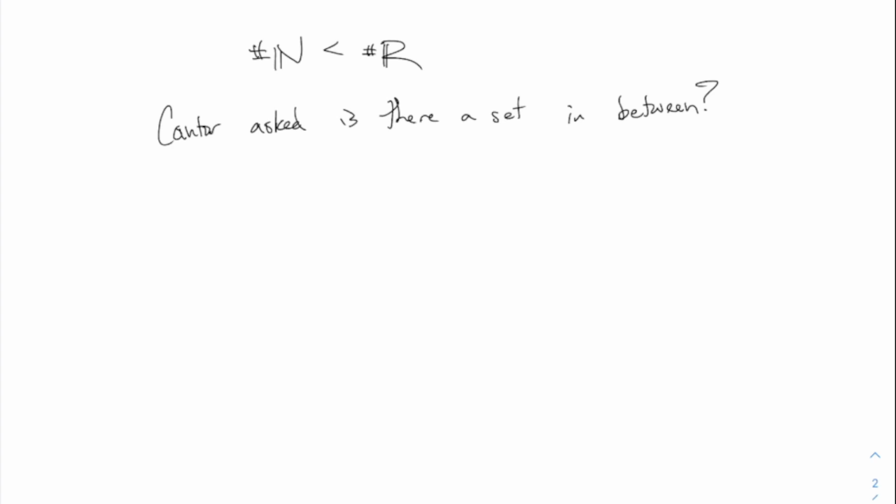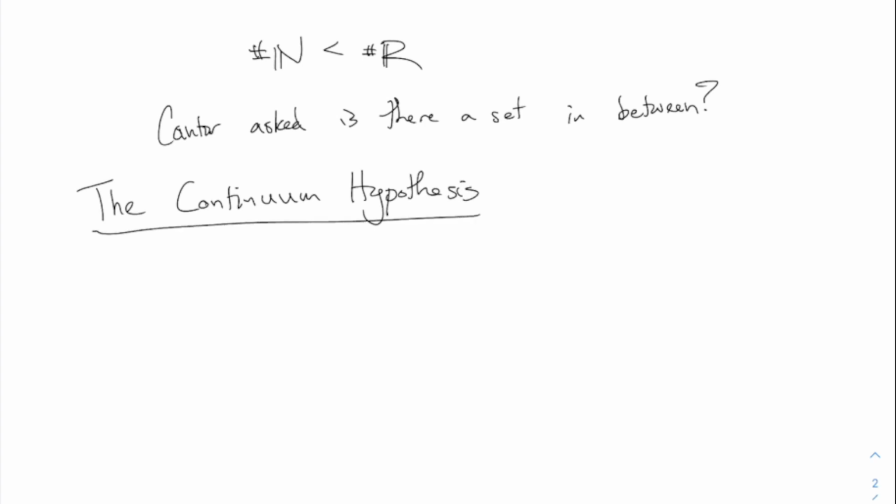Cantor decided this was a really hard question that he couldn't answer, but he presented this to other people, and this eventually had a name associated to it. This is called the continuum hypothesis. It was proposed by Cantor in 1878, although, like I said, Cantor was not able to prove it.